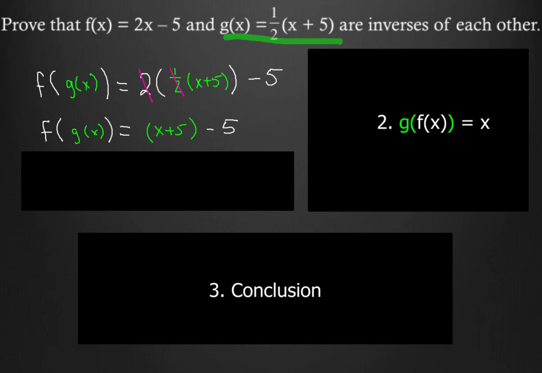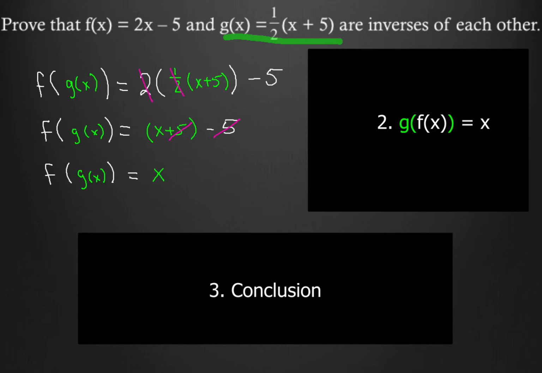When we do that, we're left with f of g of x equals just x plus 5 and then minus 5. But wait. If we take a look again, we can cross out this plus 5 along with a minus 5, because 5 minus 5 gives us 0. And so then when we're all done, we've just shown that f of g of x equals x. So that's the very first thing.